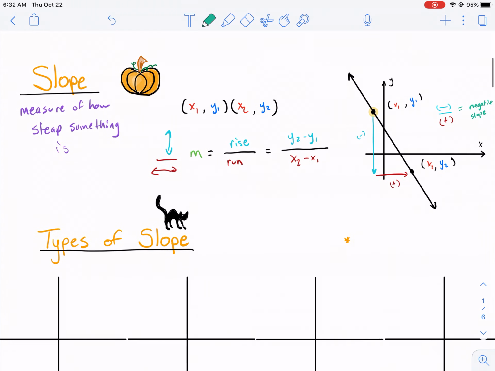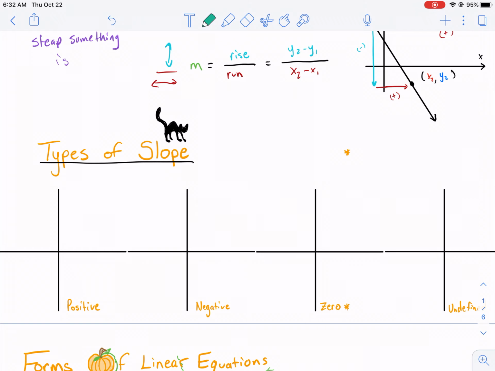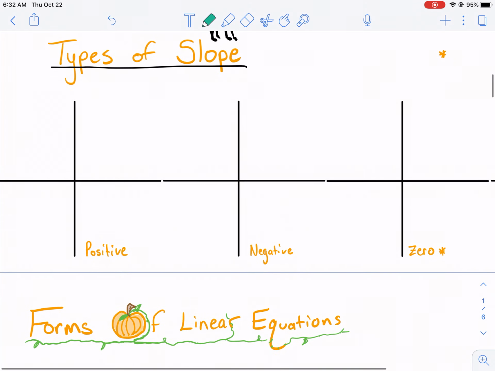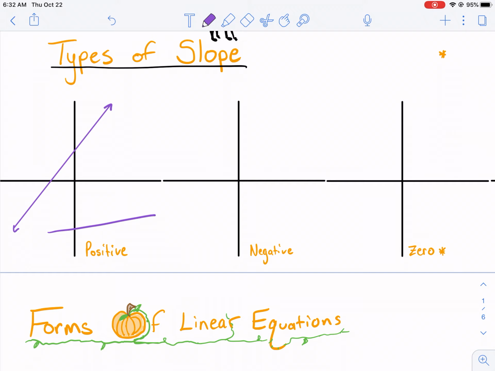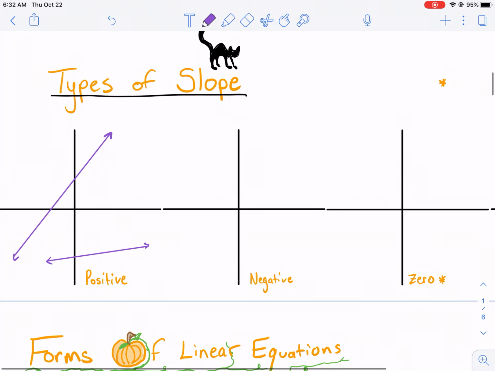We have different types of slope that we talk about. So we have positive slope. Let's do different colors here. Let's start with purple. Positive slope always goes from lower left to upper right. We could have a very shallow positive slope, a very small number for our coefficient of x, or our slope.